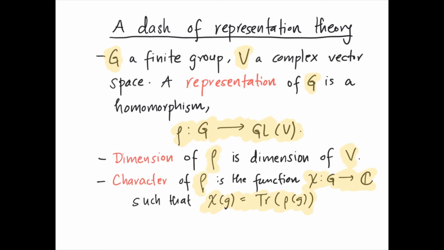The dimension of a representation is just the dimension of V, the vector space, and the character of a representation is this function chi from the group to the complex numbers, which takes the trace of the representation. So you get a matrix in GL(V) from the representation, and you just take the trace of that.